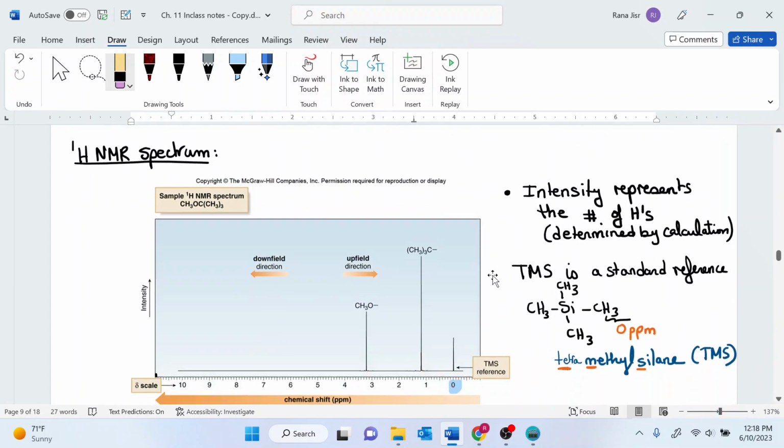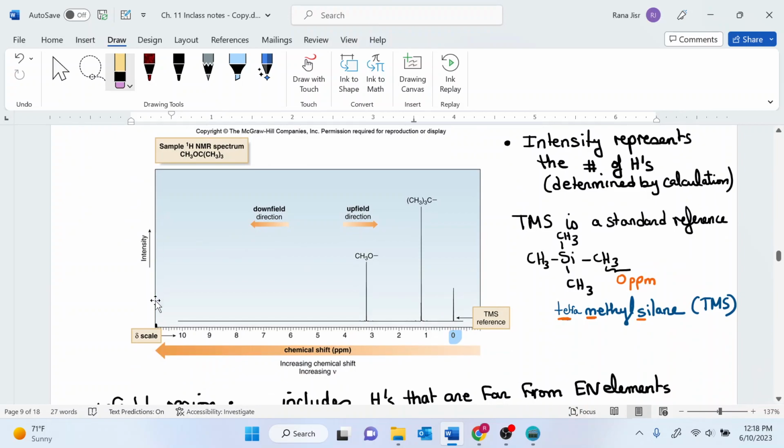The proton NMR spectrum is the plot of the intensity of the signal versus the chemical shift. The chemical shift is represented by a sigma, and the scale of the chemical shift is from 0 to 12 parts per million. Units are in parts per million.